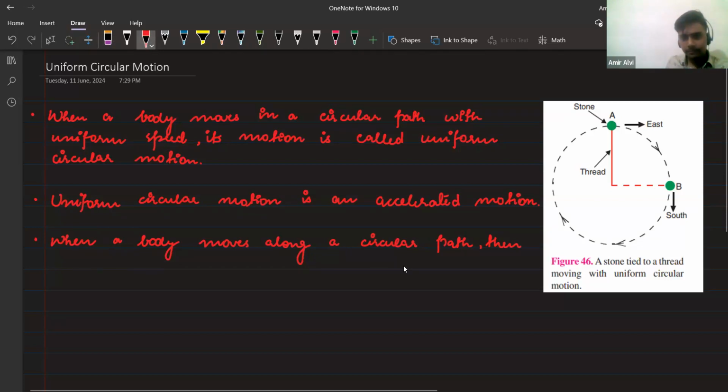What I was saying, then its direction of motion keeps changing continuously.